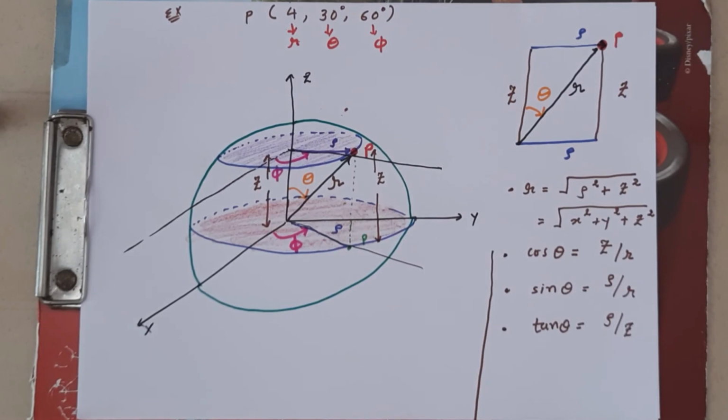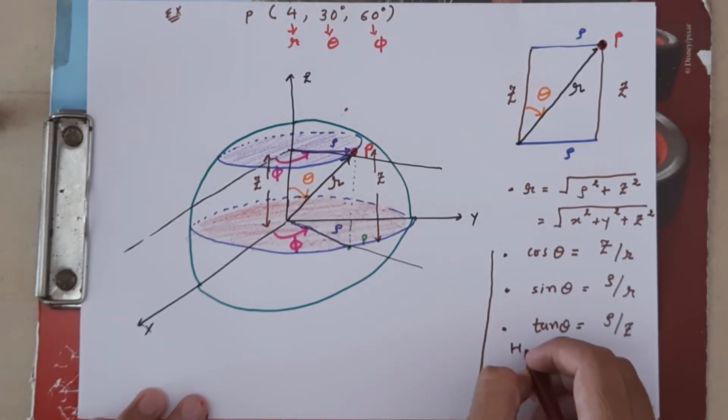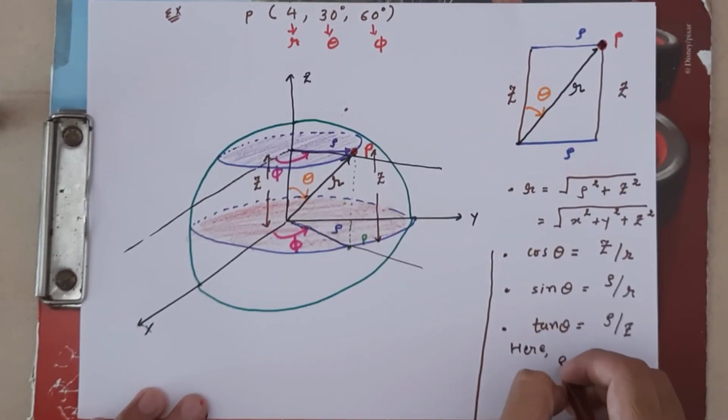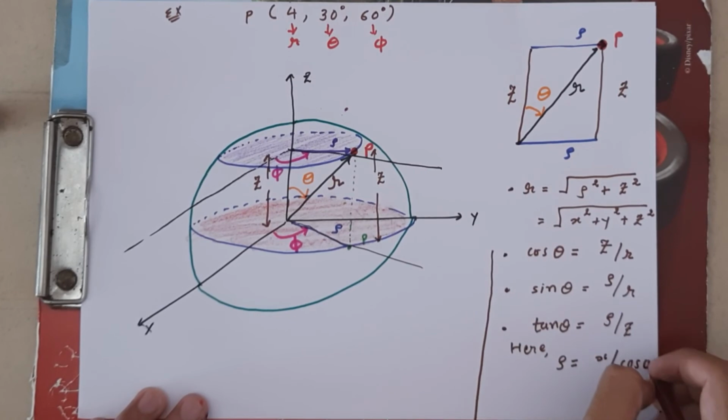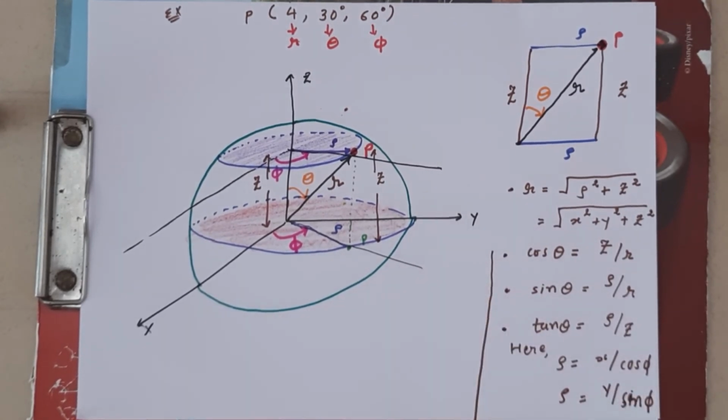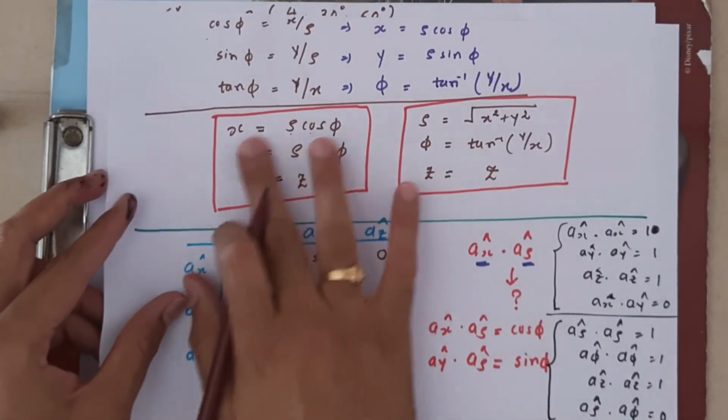So here rho is equal to x by cos phi or rho is equal to y by sin phi. I have to write these two equations from this cylindrical coordinate system.